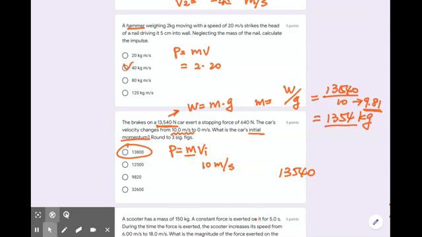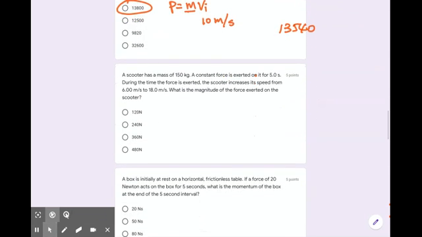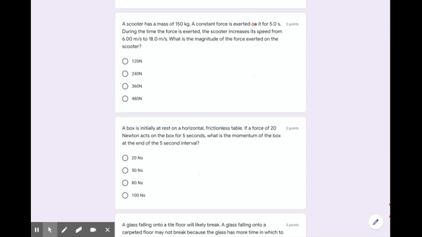Next, a scooter has a mass of 150 kilogram. A constant force is exerted on it for 5 seconds. During the time the force is exerted, the scooter increases speed from 6 to 18 meters per second.